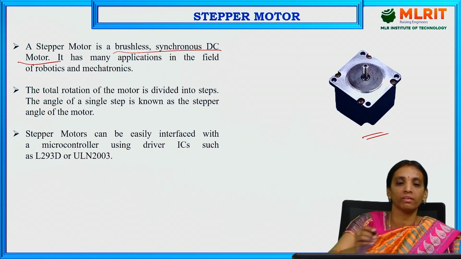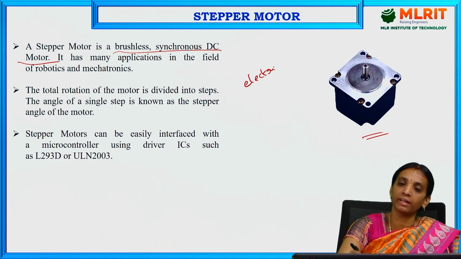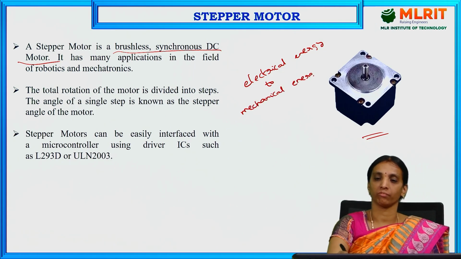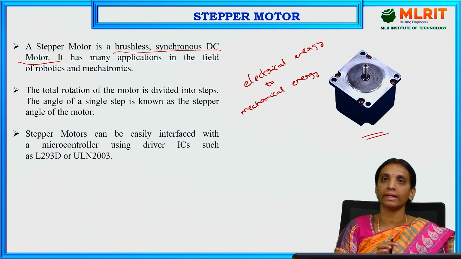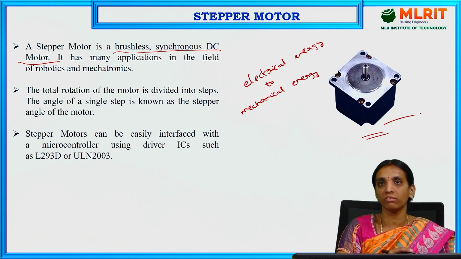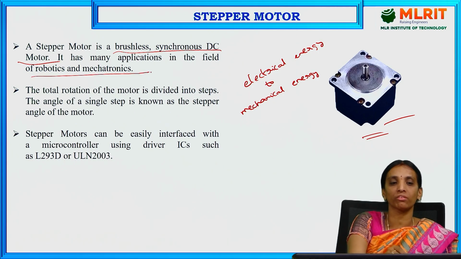A motor is a device which is used for converting electrical energy into mechanical energy. The stepper motor rotates in terms of steps. It is used mainly in robotics and mechatronics.